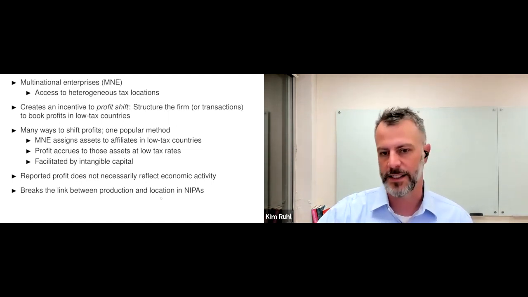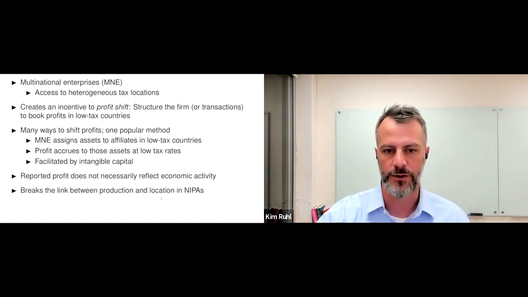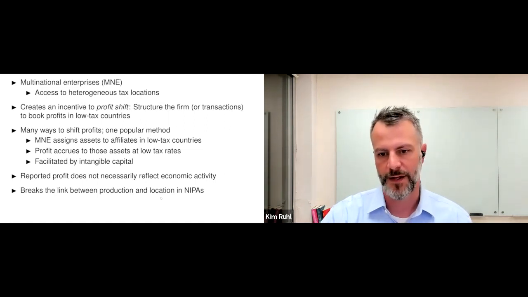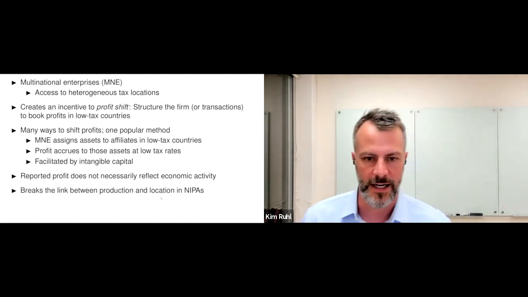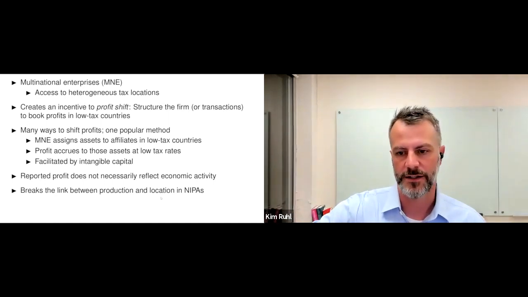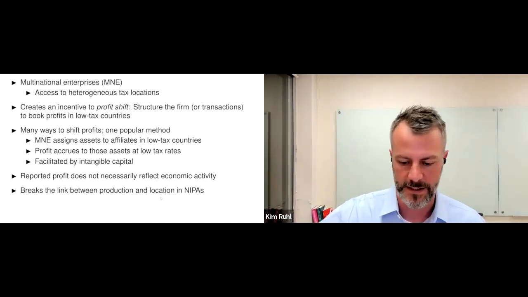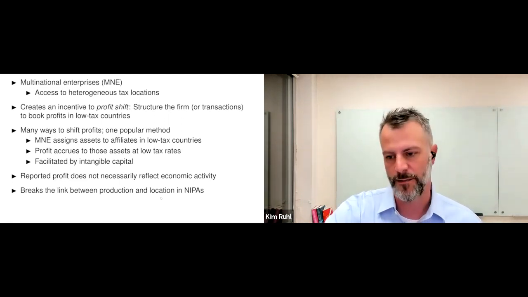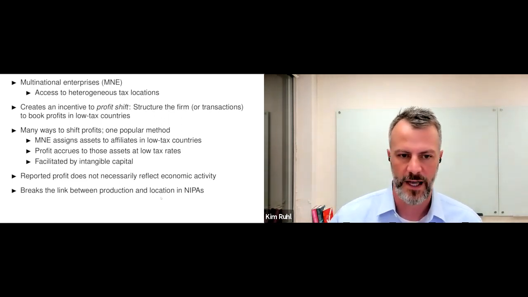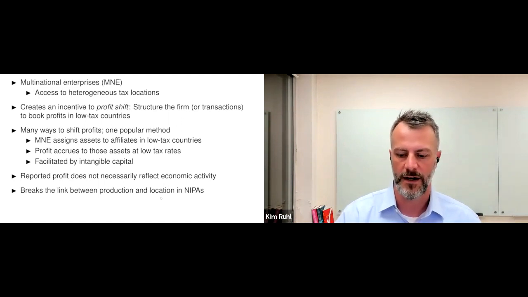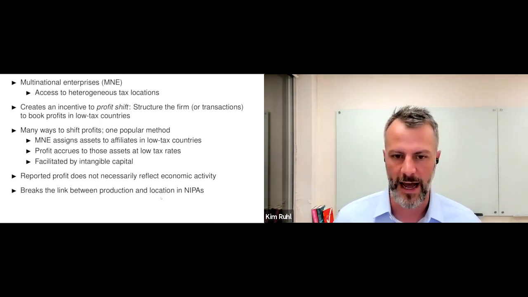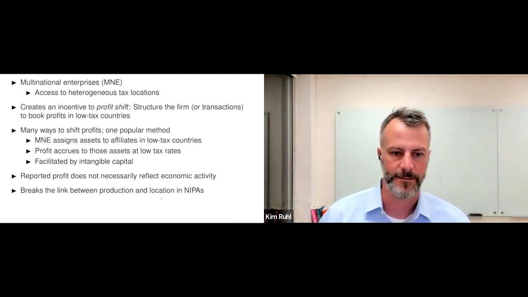You put a patent, let's say, in your affiliate in Bermuda, and then when you sell something outside of the United States, part of those sales get paid as royalties to that patent. That's a way to make profit accrue to a low tax place without necessarily having a lot of actual production happening in that location.